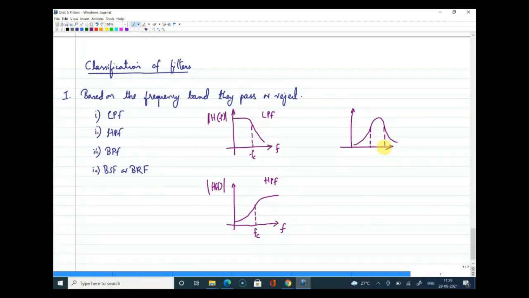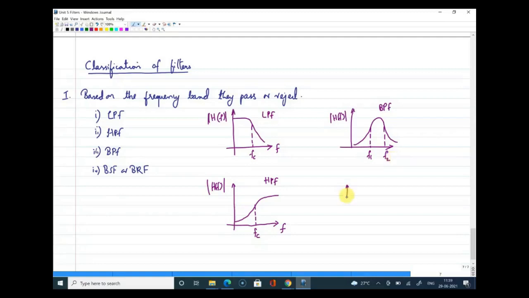In a band pass filter, again this is the magnitude of the transfer function, and we define two frequencies. This filter will specifically allow a band ranging from one frequency f1 to another frequency f2. That is a band pass filter.